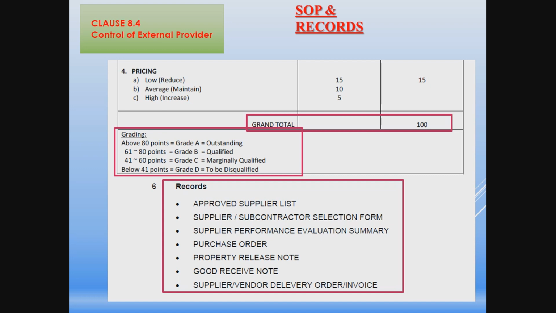You can type the list in the approved supplier list format, ASL. You can also just save the file from your system if you already have one. You save it as of that date before the audit, showing how many suppliers and who the suppliers are.